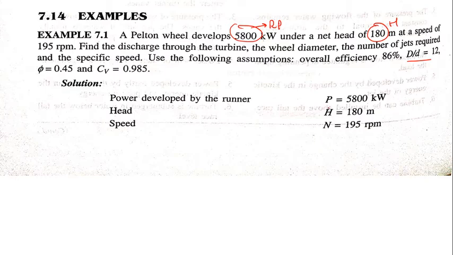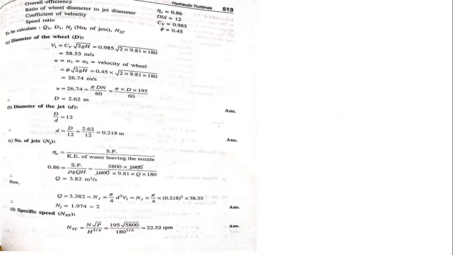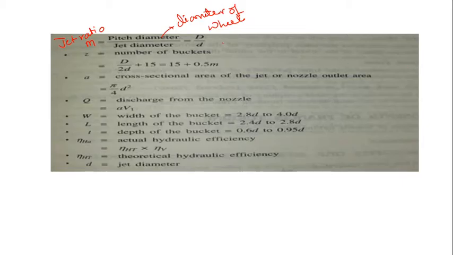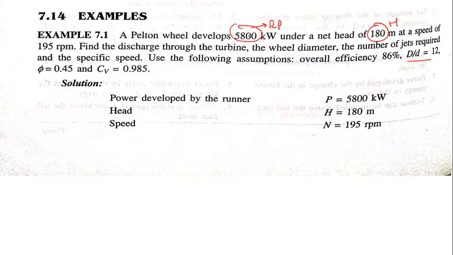So these are the things which have been given here. How to begin with the problem? Overall efficiency is this, jet ratio 12, CV 0.985. Commonly, if it is not given, the jet ratio will be equal to 12. If they have not given it, then we can consider it to be 12.